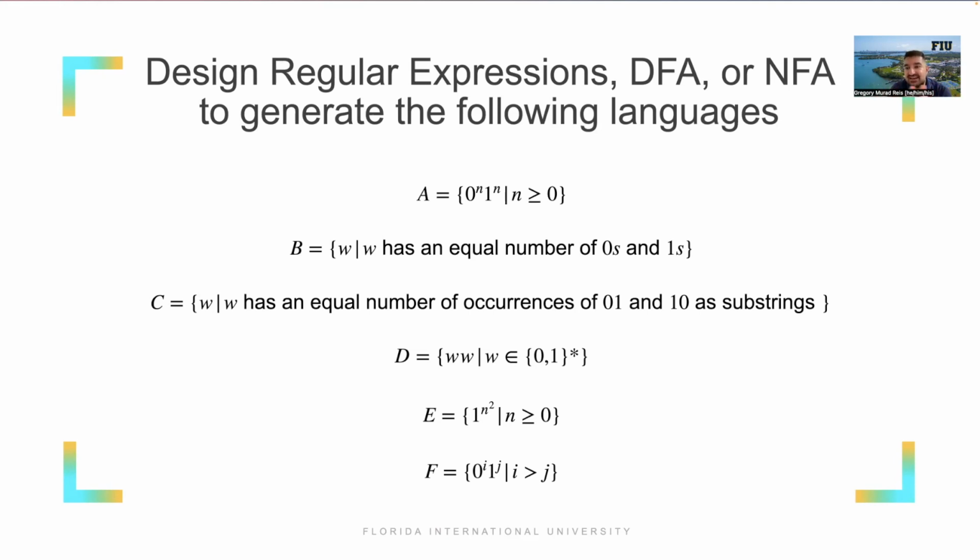So can I design a DFA or NFA to represent this? And how? Let's think about the design. In a DFA, if I read the first 0, I cannot accept. I have to read a 1. Okay, and then I can accept. But how do I allow for 2 zeros, 3 zeros, 4 zeros?